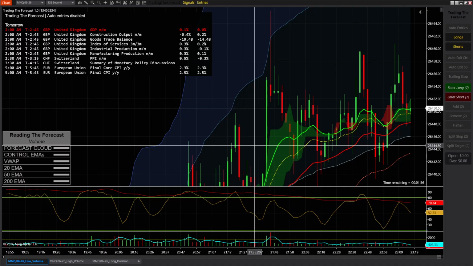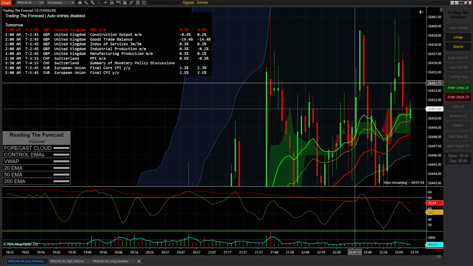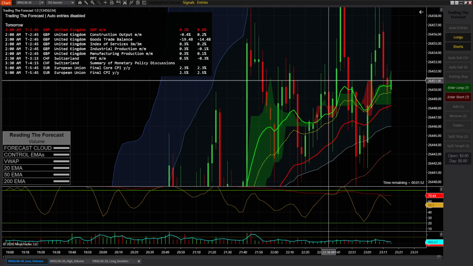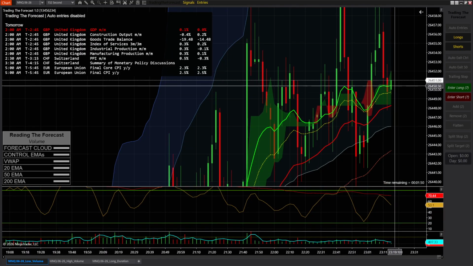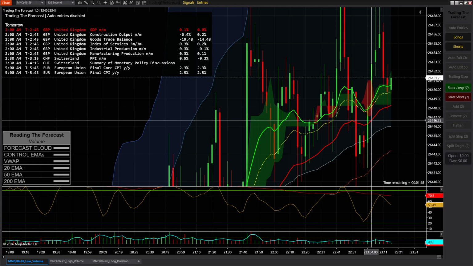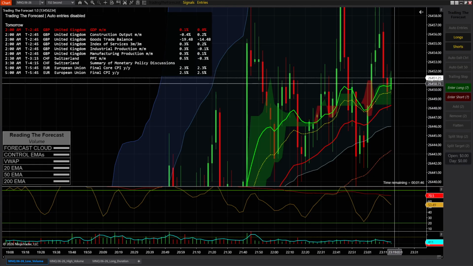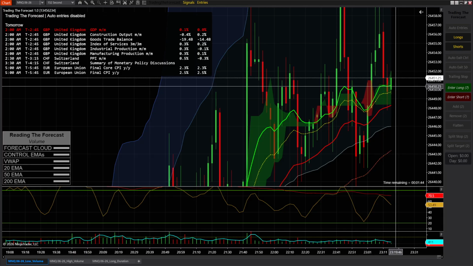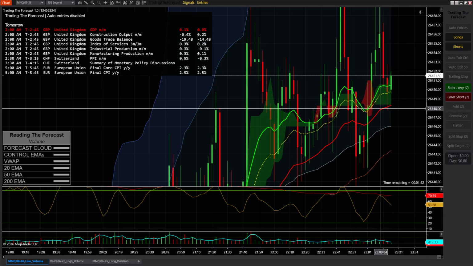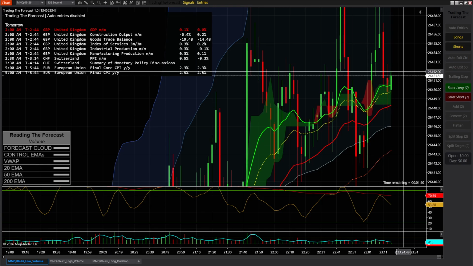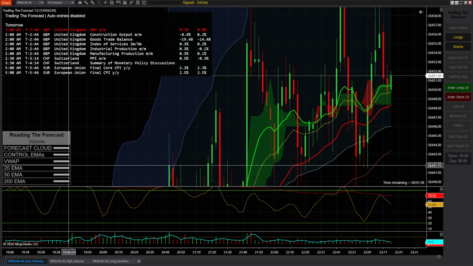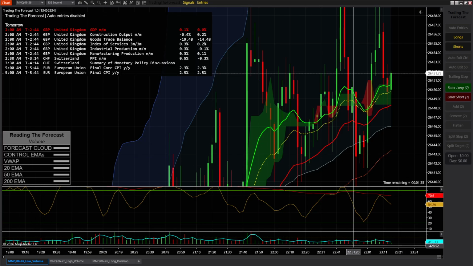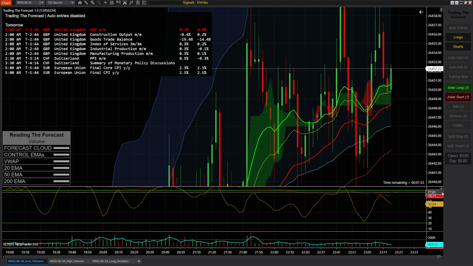So first of all, the control EMAs. If you look over here, this is the green control EMA and this is the red control EMA. Because the green is higher than the red, that means that we're in a long situation. But the reason the box is grayed out is because we don't meet our volume requirements.